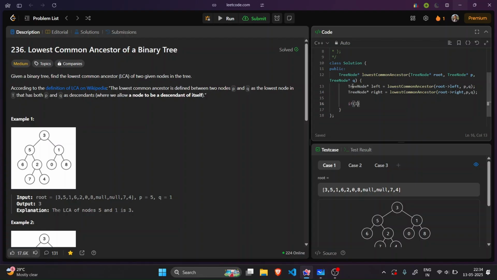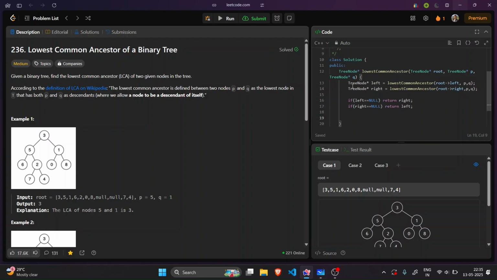Now, if the left child is null, what do we do? We return right. And in case right is also null, it will go as null only upwards, so we don't have to care about it. And in case left is not null and right is null, we will return left only. So this was the case if we had a value in one child. But what if we had a value in both children? Then the root is the lowest common ancestor, right? So if this case arises, we return root.